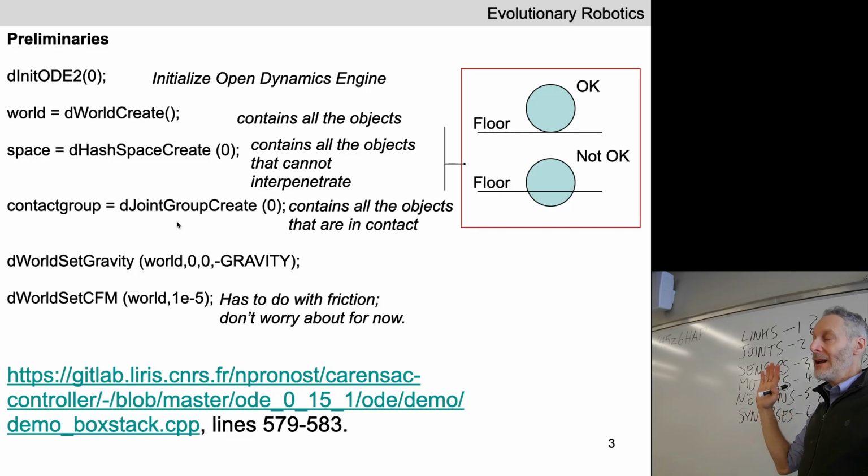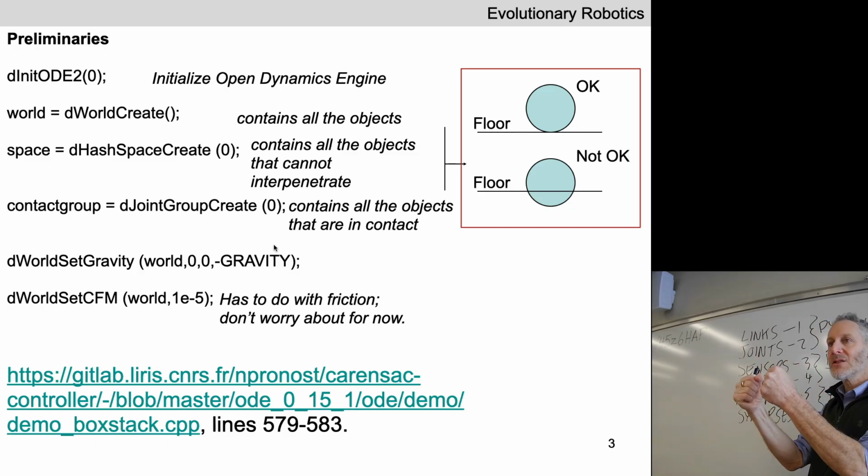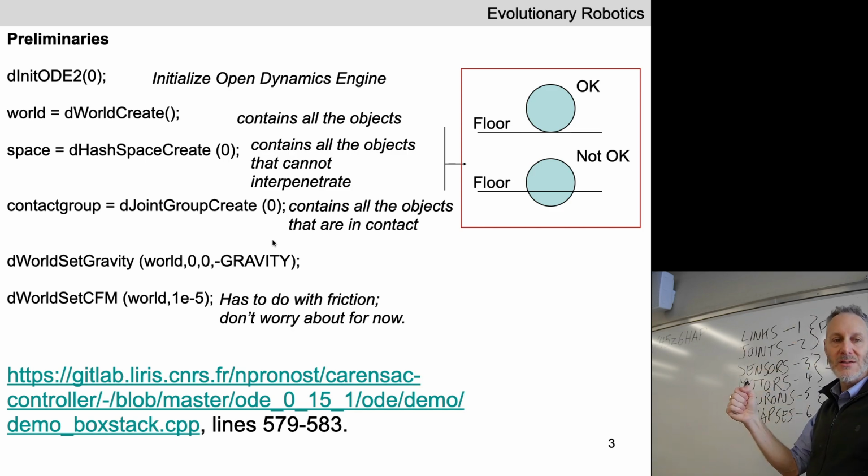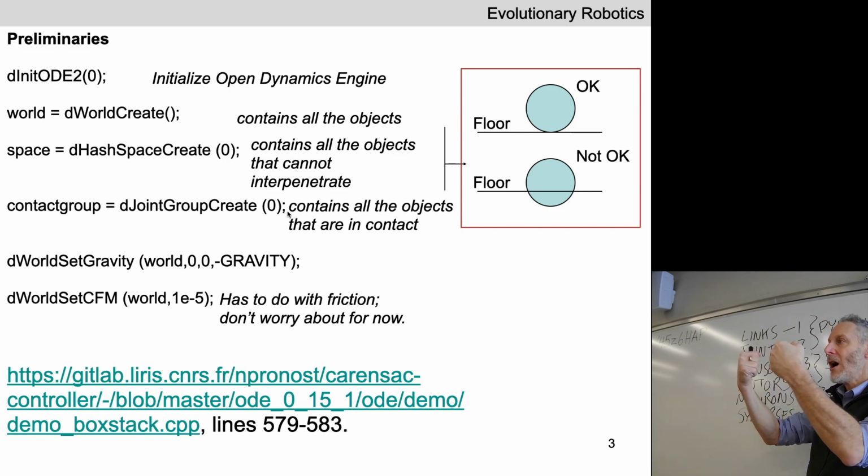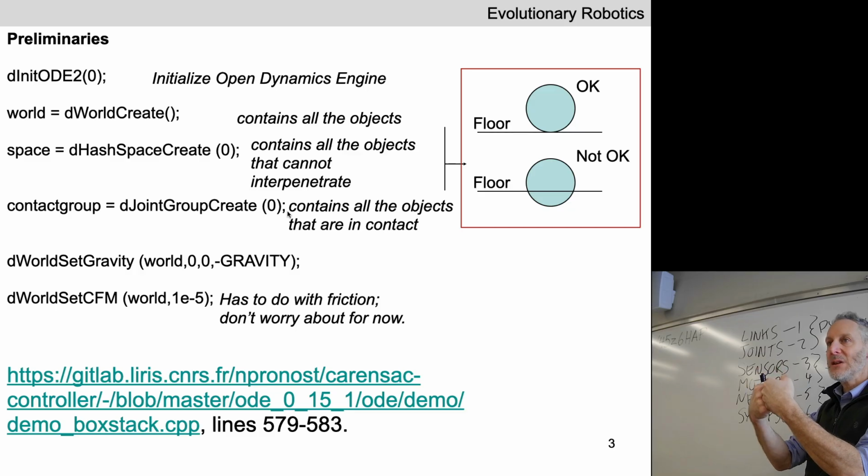You then, in ODE, would create a bucket, and at the beginning of the simulation, this bucket is empty, but this bucket from time to time fills up with pairs of objects temporarily. Then those objects are pulled back out of the bucket. What are the pairs of objects that go into this bucket? Pairs of objects that are detected to be in collision.